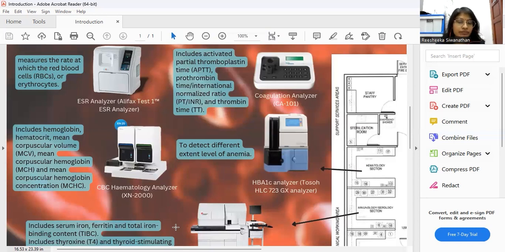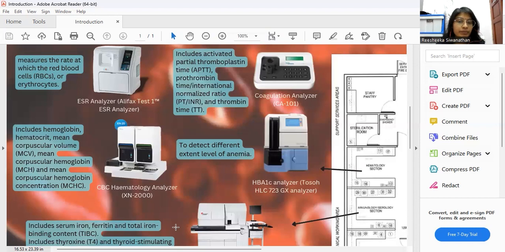The instrument will be the Sysmex CA101. This instrument is a straightforward, semi-automated coagulation system designed to simplify coagulation testing, making it more standardized and reproducible. It can run 30 tests per hour.